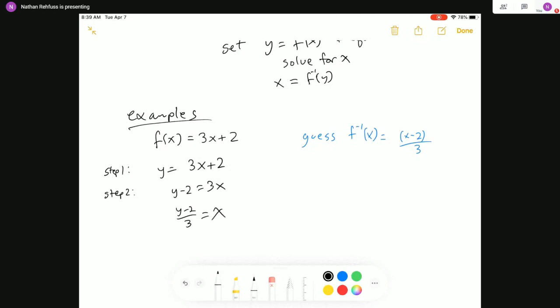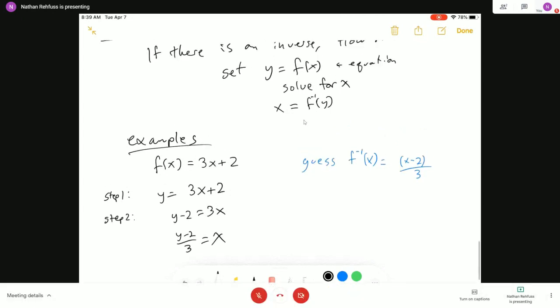And now x is by itself, but I know that if y was f of x, then x is f inverse of y, because f inverse undoes f. So if I switch that order around, x has to be f inverse of y. If I plug this into the inverse function, I have to get that back.